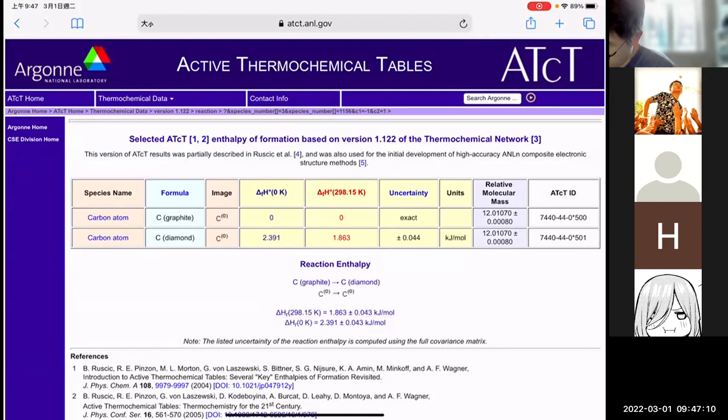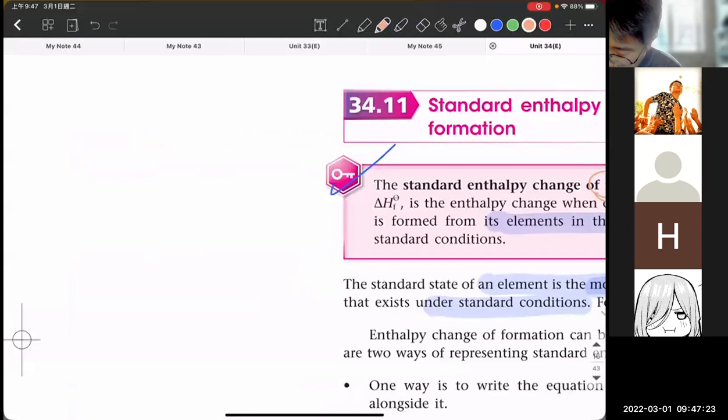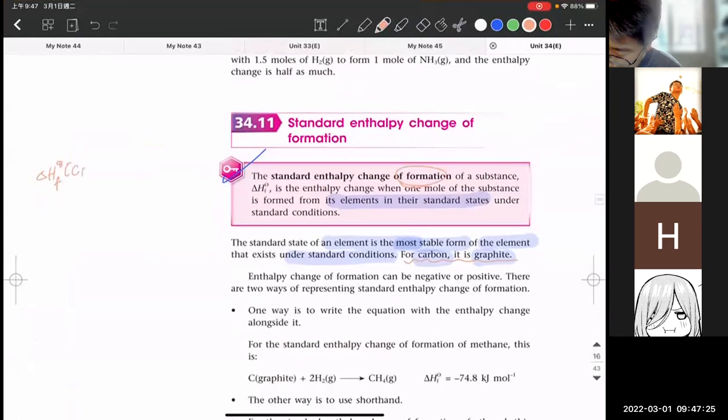So which means that the delta H of formation, now I would like to use an abbreviation here, of C graphite is 0 kilojoule per mole.